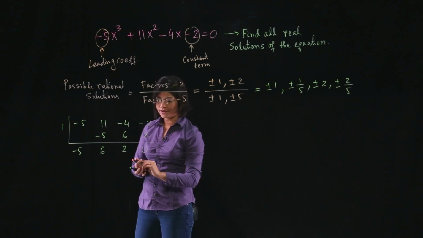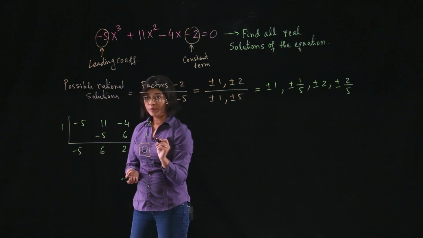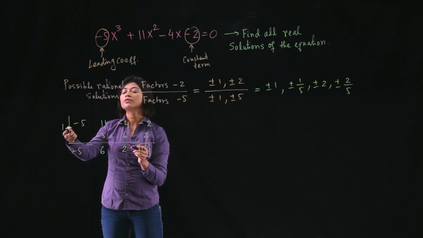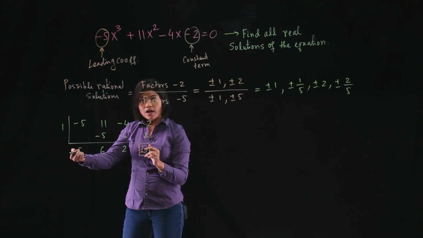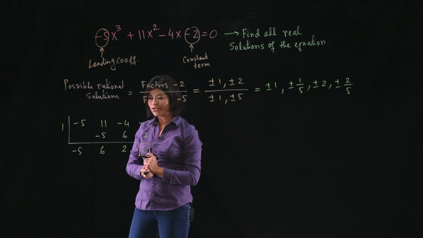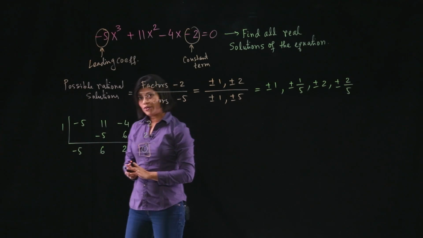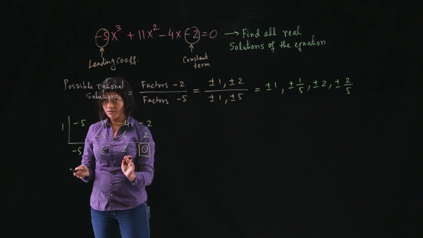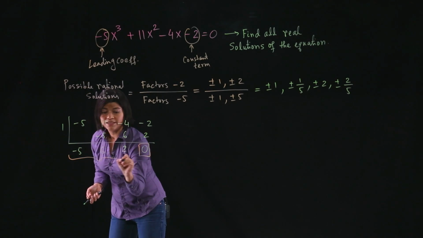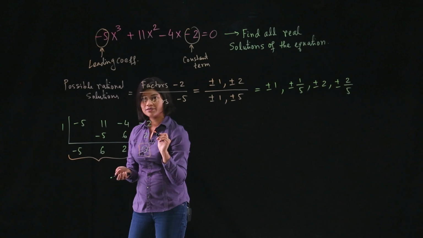Well, this means the remainder is 0, which means 1 is going to be a solution. So x minus 1 is actually a factor of the left-hand side of this equation. All right, now notice further what that means. That means this is the quotient.